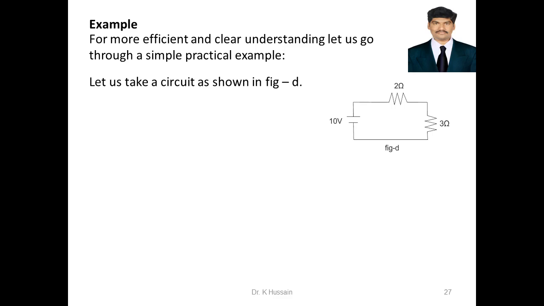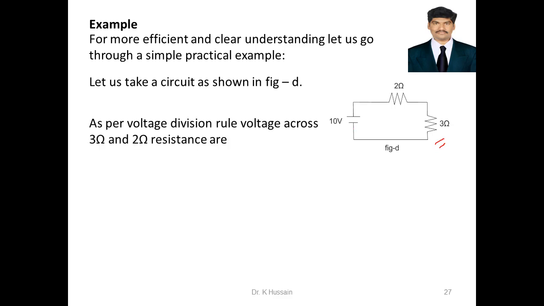The 2 ohm and 3 ohm resistors are connected in series with the 10 volt source. Now we are taking the 3 ohm resistor, and in that place you can replace it by a voltage source or by a current source. Just observe that.